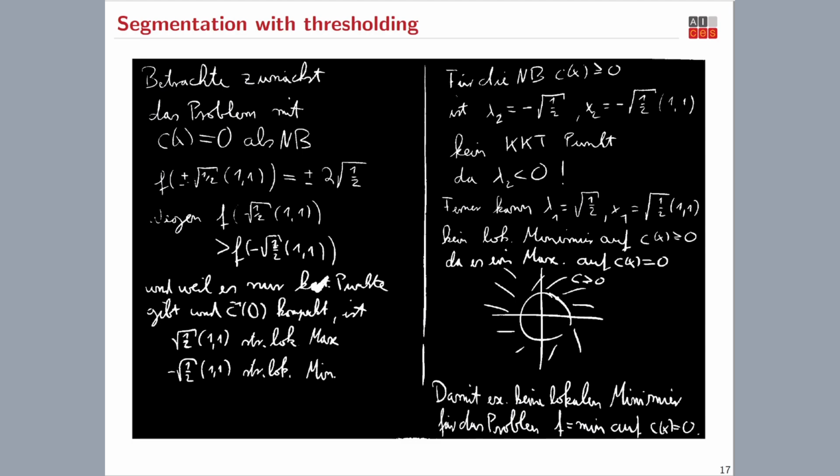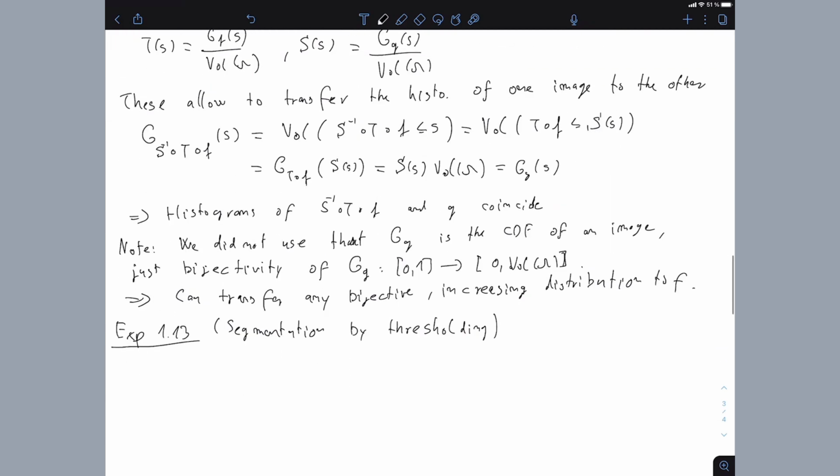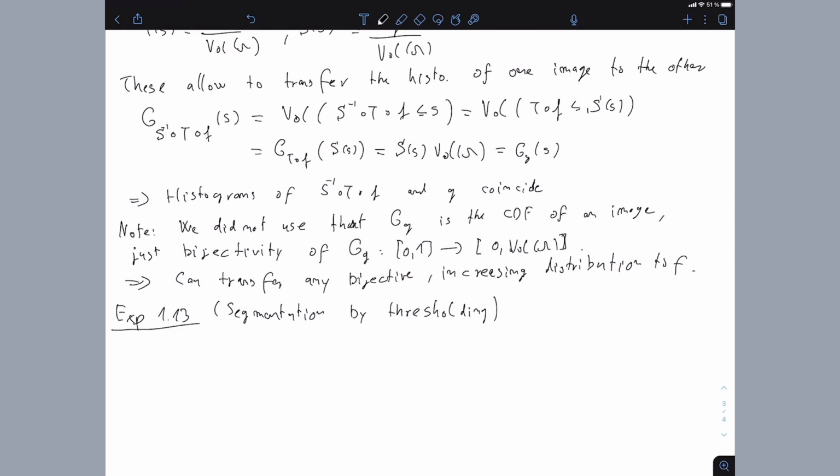And for that, the question is, how can we find theta? Because we don't want to try all possible thresholds. And this is what the next example is concerned with.